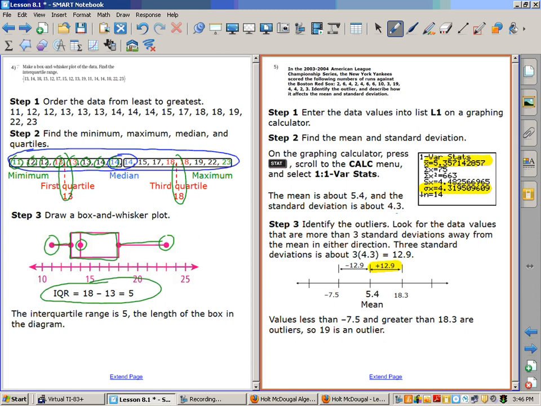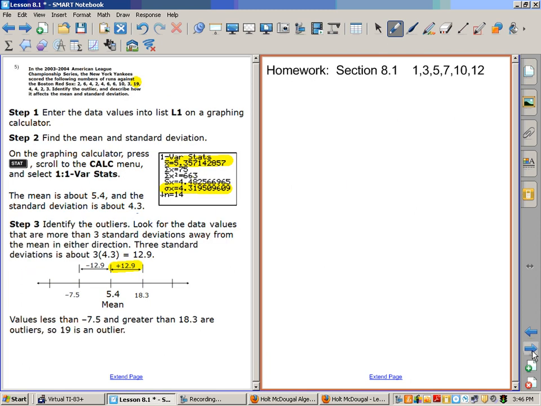So I add 5.4 plus 12.9, and I get 18.3. You can see right away that I do have one value that is an outlier. If I take that value out of there, I'll get much better data to represent the standard deviation of those scores. Your assignment for tonight, just do those 6 problems: 1, 3, 5, 7, 10, and 12.